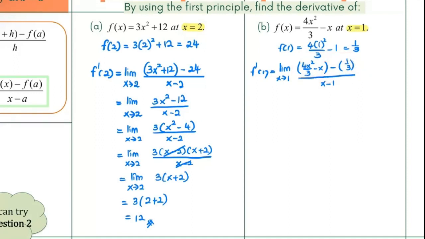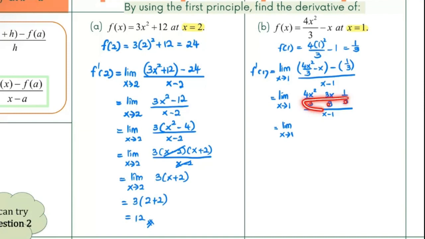Okay, bila samakan denominator, I am going to get 4x square over 3 minus 3x over 3 minus 1 over 3 divided by x minus 1. Okay, so mengatakan semua ini sudah jadi over 3.